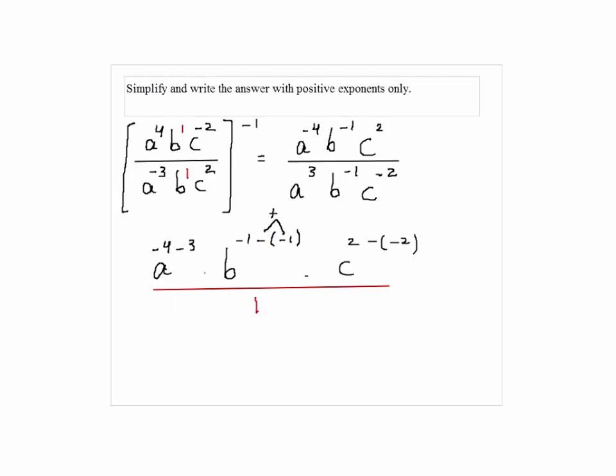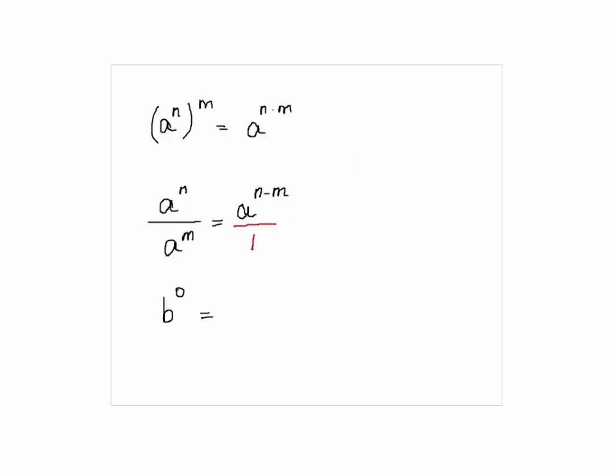Let's go back to just the b part that we have. B to the power of minus 1 over b to the power of minus 1. That's the one that we were looking at. It's just kind of like you say b over b.